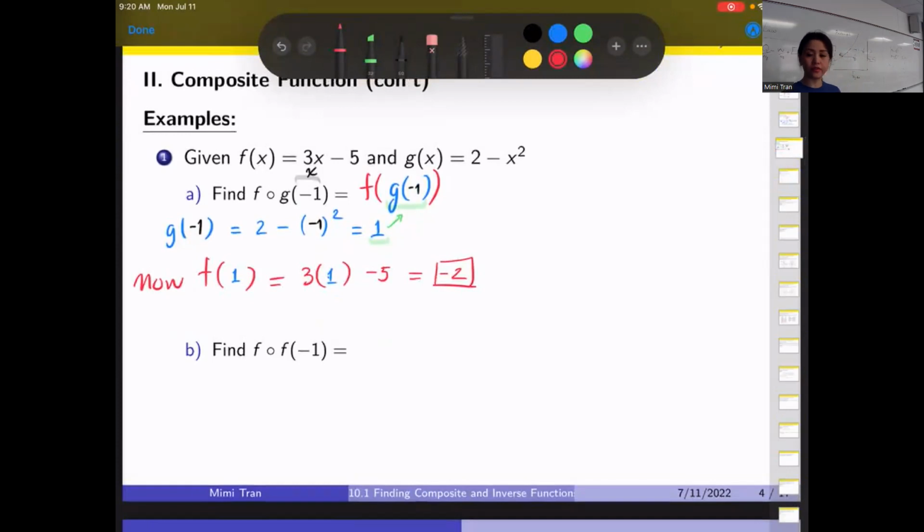Why don't you guys try B? You tell me what you got. People on Zoom, if you have the answer, put it in the chat for me, okay?